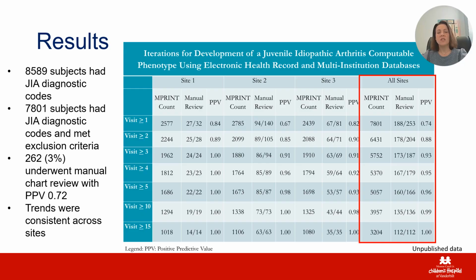We had 262 charts that underwent manual chart review with a PPV of 0.72. The trends were consistent across all sites, whereby increasing the number of ICD code counts or visits resulted in a decrease in the total patients identified. However, the PPV increased.